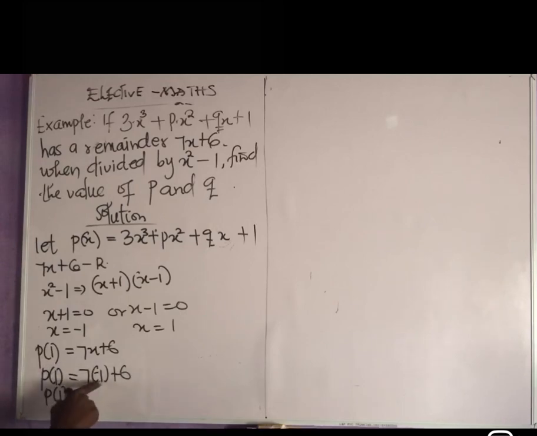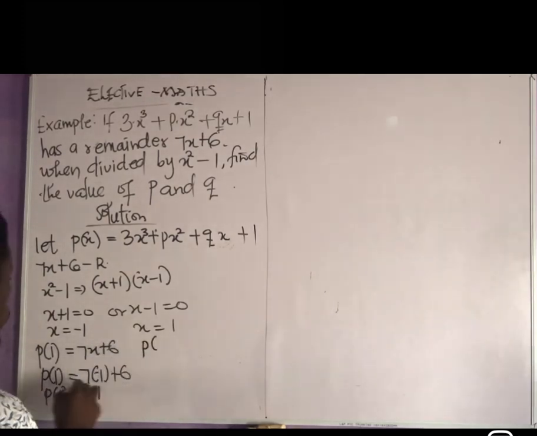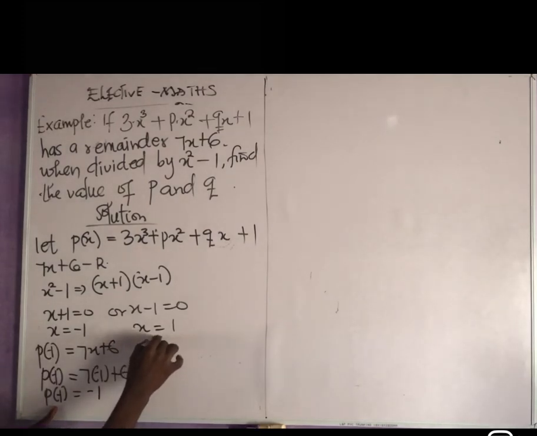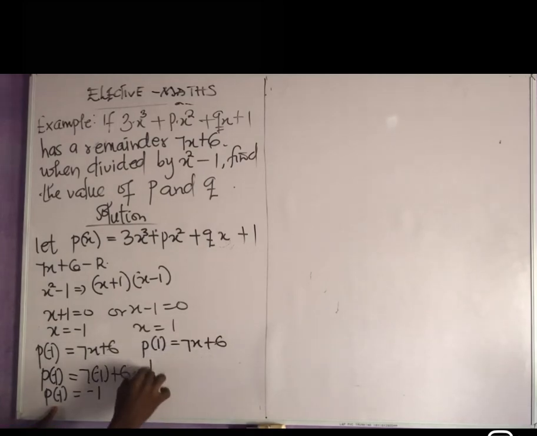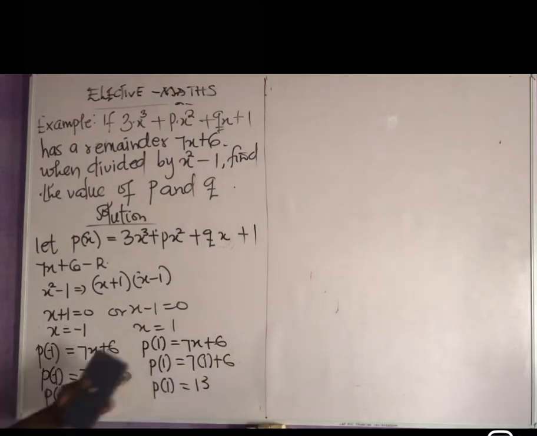So 7 times negative 1 is negative 7 plus 6, that will give you negative 1. Now let's also consider p of 1, so they are all negatives. P of 1 is equal to 7 times 1 plus 6, so our p of 1 will give us 13.